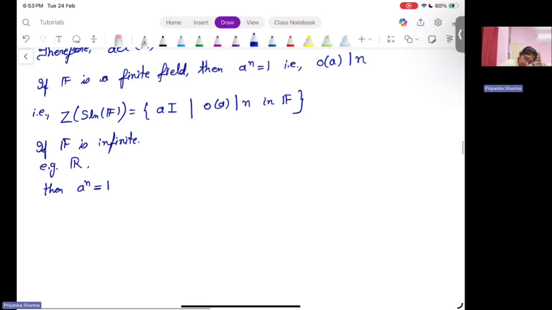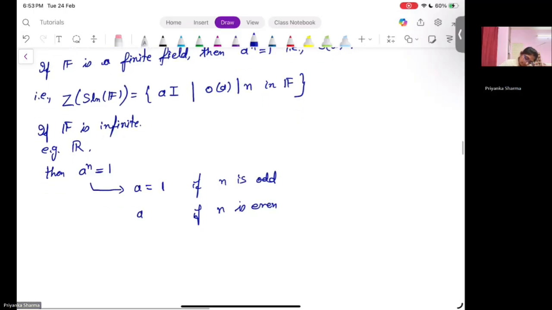So a^n can be 1 if a is 1 and n is odd, and if n is even, then it can be 1 and -1 as well.